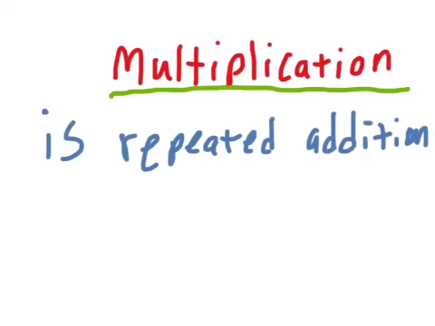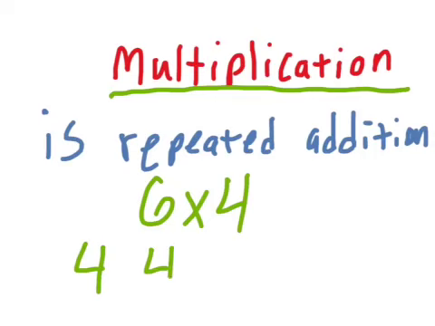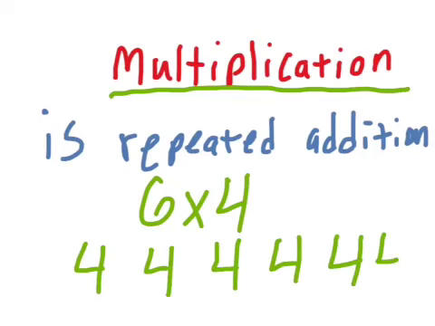able to do multiplication. So when we look at a problem like 6 times 4, we're basically saying that we have one group of 4, another group of 4, another group of 4, another, and another.